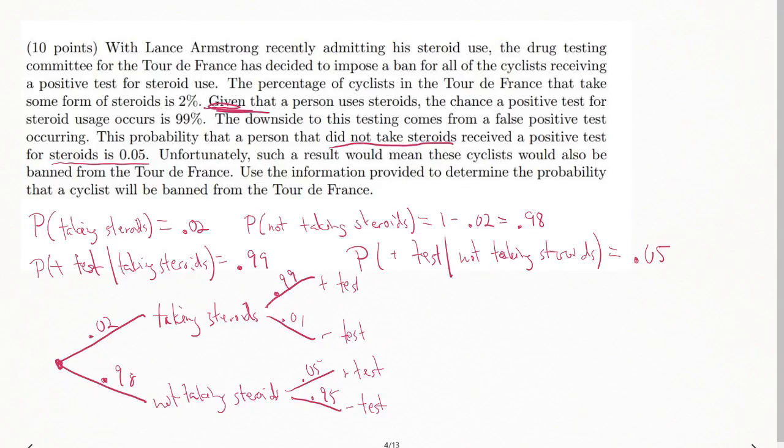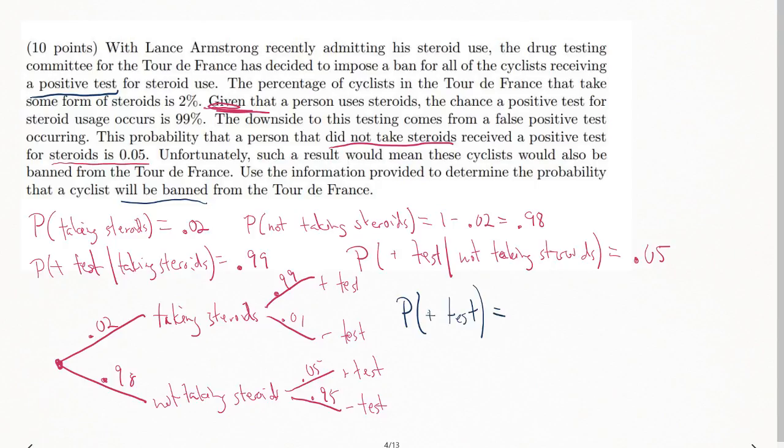I'm going to change colors up real quick and illustrate what we want. So remember, this said impose a ban for all cyclists receiving a positive test. Use this information provided to determine the probability that a cyclist will be banned. Okay, so banned, technically all that is just a positive test.